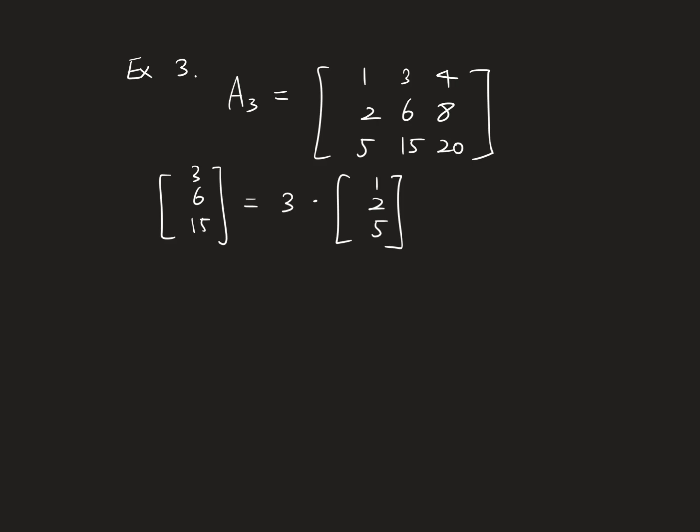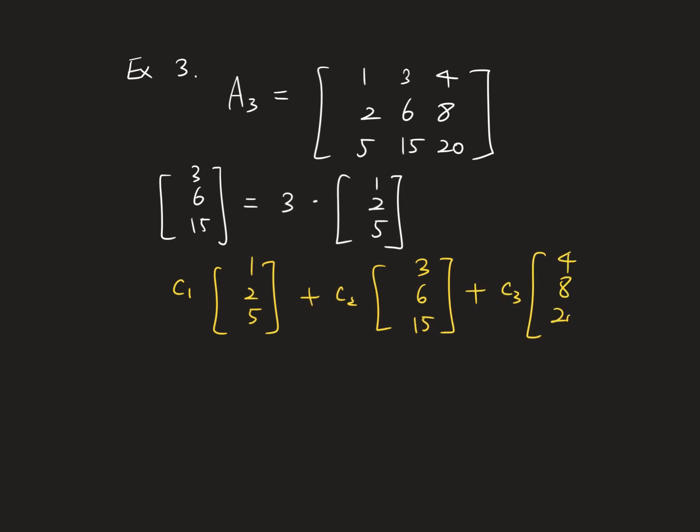As I said before, you can write it a slightly different way. If you write C1 times 1, 2, 5, and C2 times 3, 6, 15, we consider this equation, where we want to find the coefficients C1, C2, C3.